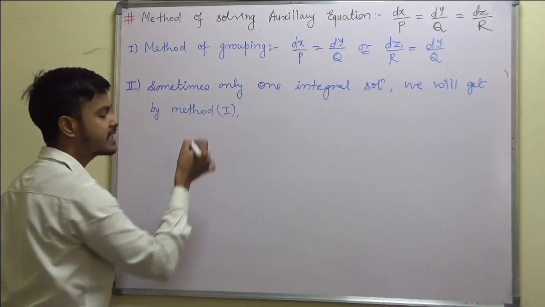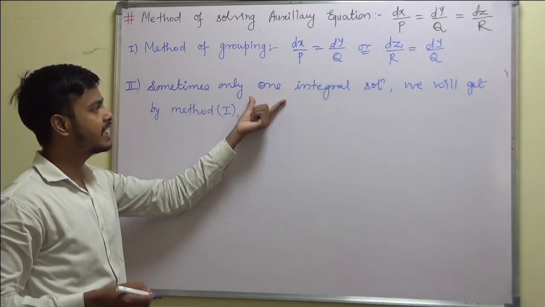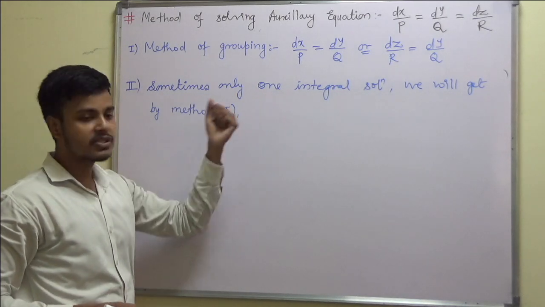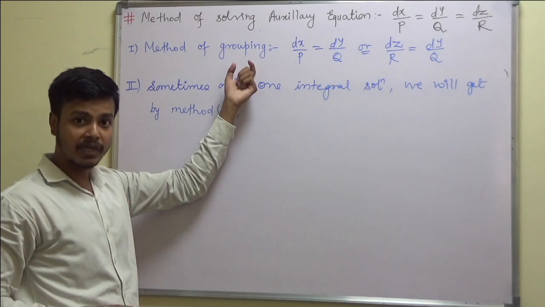In such a case, suppose we get one integral curve, one integral solution, with the help of method 1, but we need two.